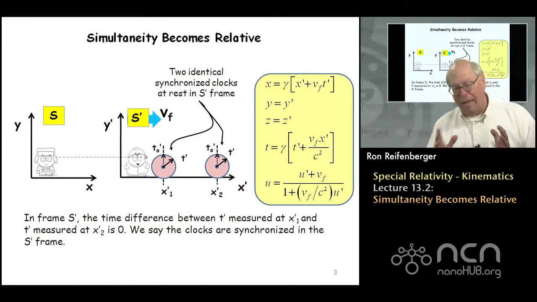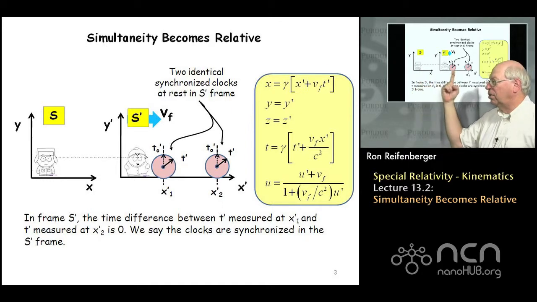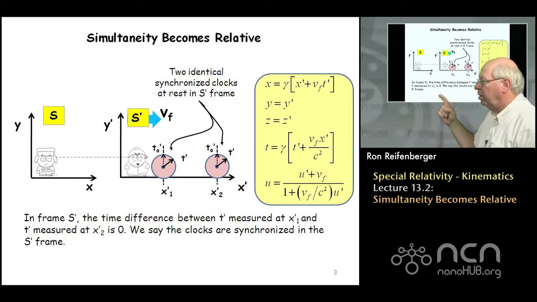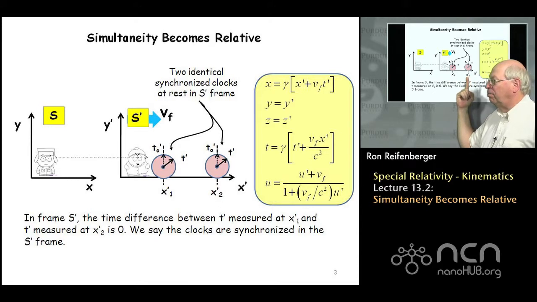Now, the problem is, what happens if you ask what this observer sees when he looks at these two clocks? The key point is that these two clocks are located at different positions. So what do you have to do to find the corresponding times that this observer would see on the clock at position x1 prime and on the clock at position x2 prime?